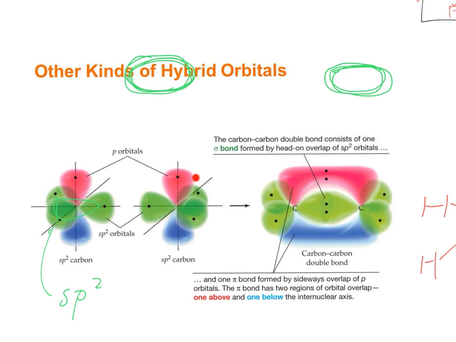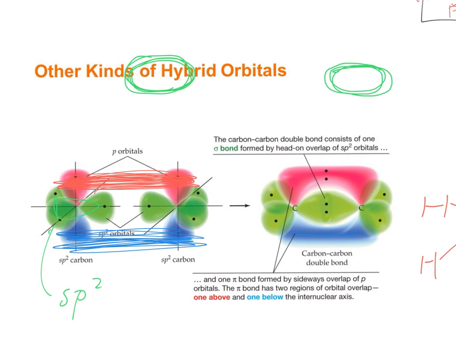These traditional p orbitals found in both of our carbons are going to overlap. The orbital is going to overlap in the red phase, and it's going to overlap in the blue phase here. It's going to form basically the double bond above the single bond and below the single bond.